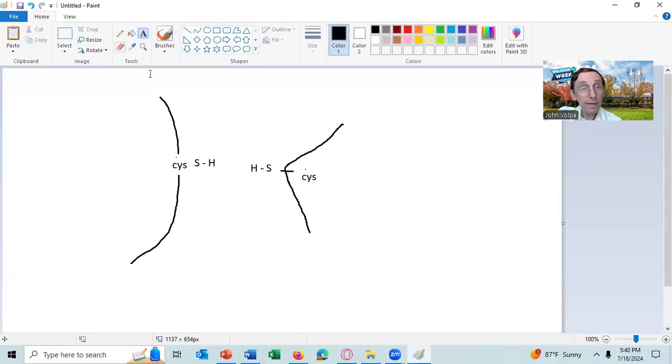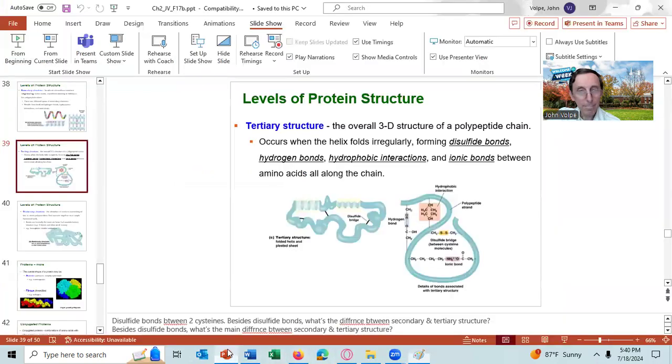All right, these hydrogens can come off. And then the sulfur can bond with another sulfur in cysteine. I'm just going to draw that in. This we call the disulfide bond.